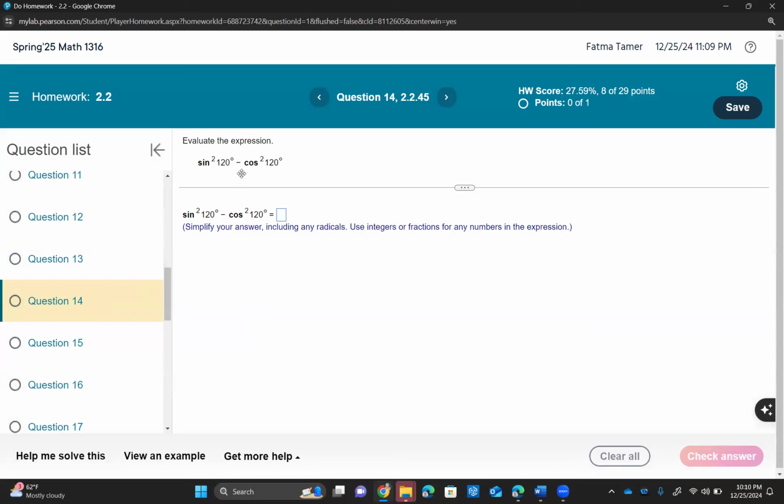Now, once you know how to find the trig values for any angle, you can evaluate questions like this. So, I need to calculate sine squared 120 minus cosine squared of 120.